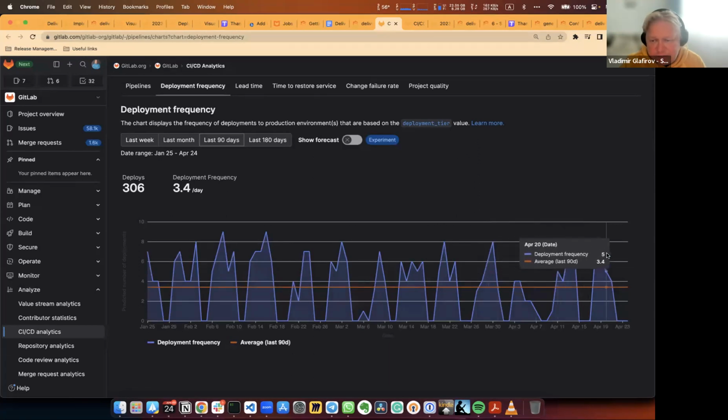Our deployment frequency was more or less the same as before. Somewhere here is our release, I guess, maybe. But on average, we had 5-6 deployments a day.